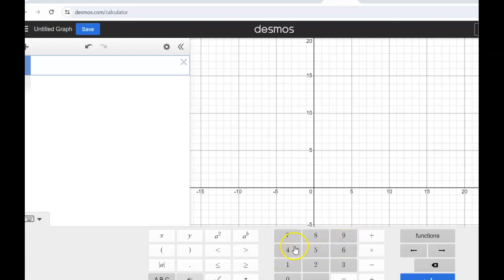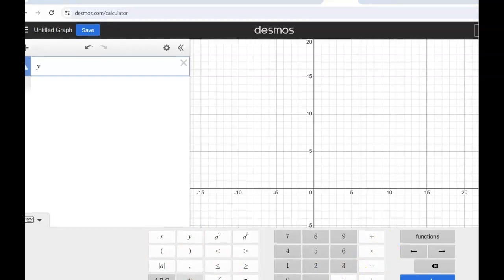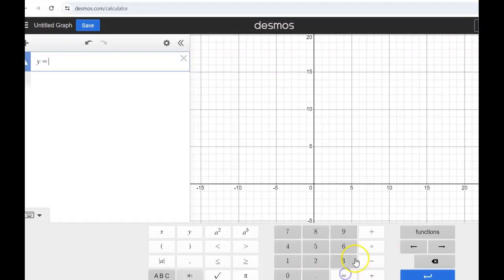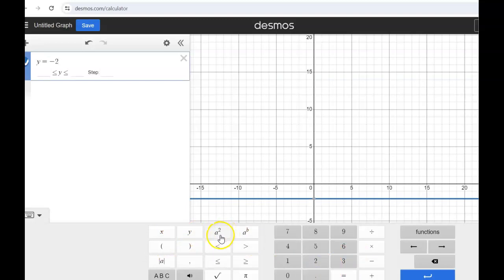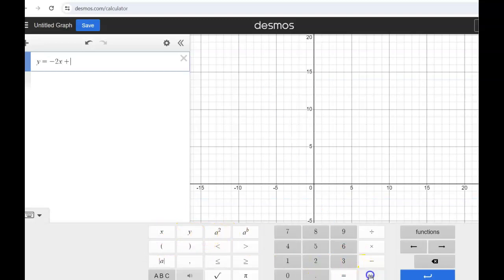So the first function that I'm going to graph is a linear function, and I'm going to use the equation y equals negative 2x plus 10.